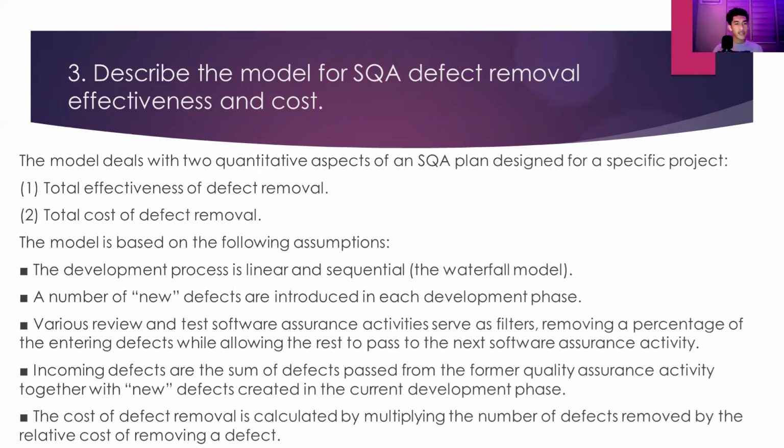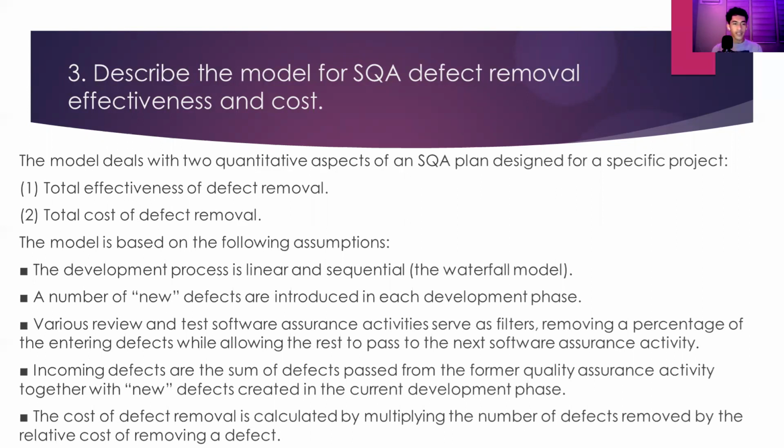The first assumption is the development process is linear and sequential, therefore the waterfall model. Second, a number of new defects are introduced in each development phase. Third, various review and test software assurance activities serve as filters, removing a percentage of the entering defects while allowing the rest to pass to the next software assurance activity.